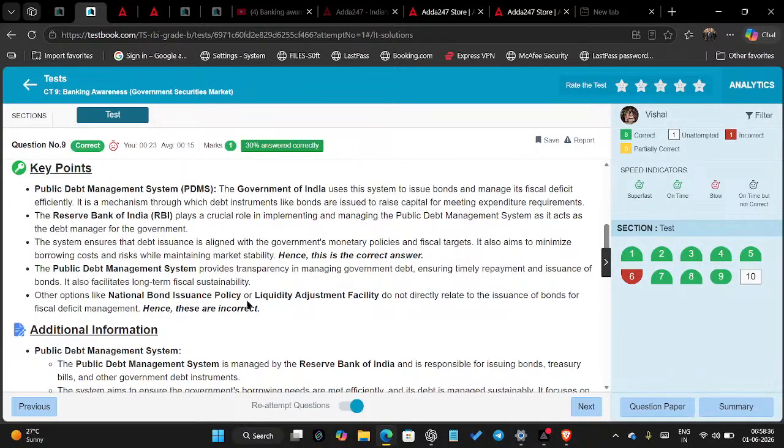It is a mechanism through which debt instruments like bonds are issued to raise capital for meeting expenditure requirements. The RBI plays a crucial role in implementing and managing the public debt management system as it acts as the debt manager of the government.